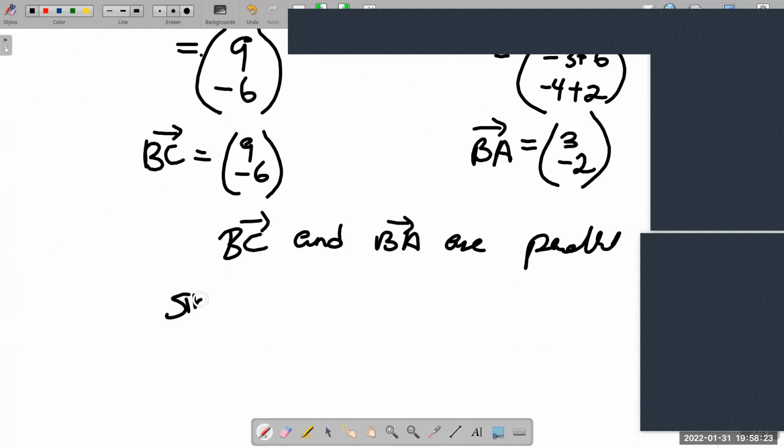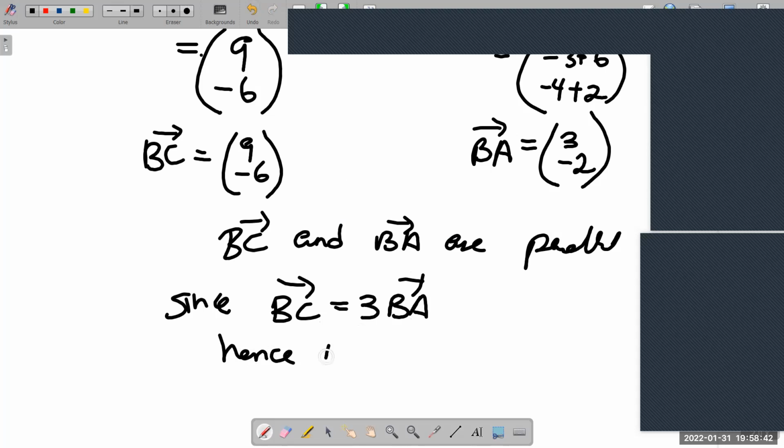So what would you write? Which one is the bigger one? BC is equal to 3 times BA. Hence, K is equal to what? 3. We just answered a CXC question there.